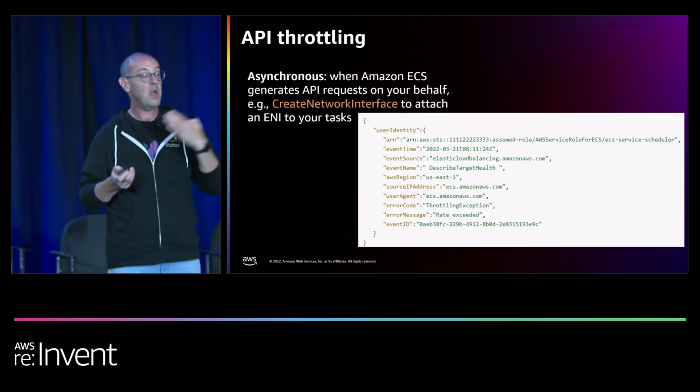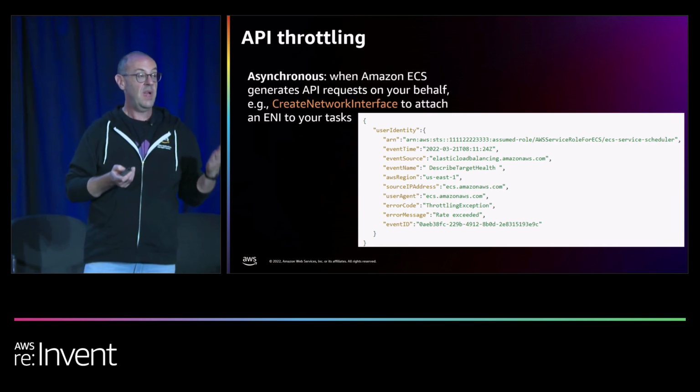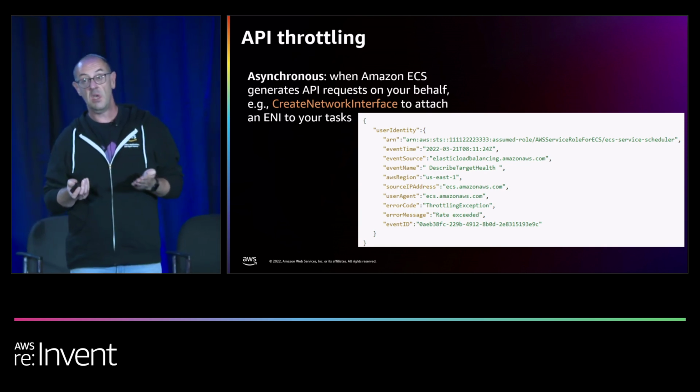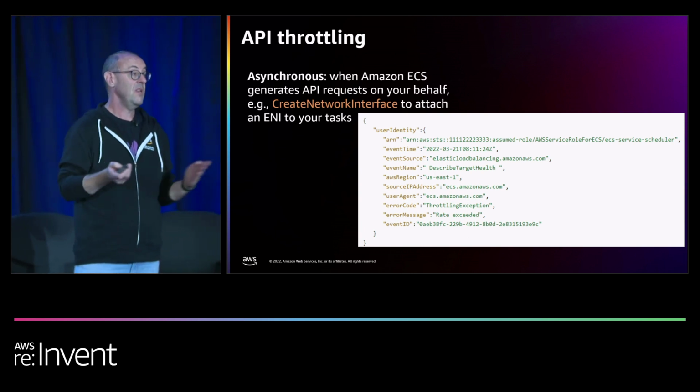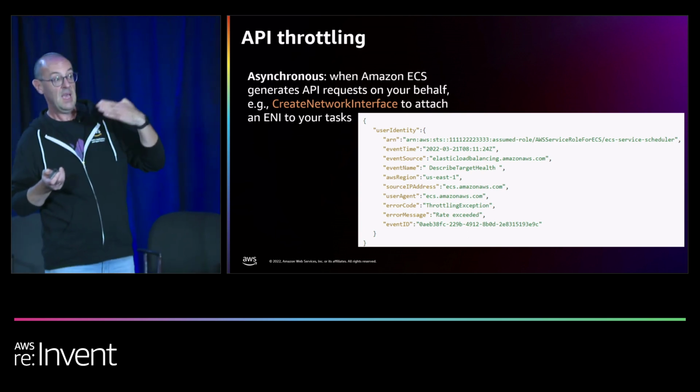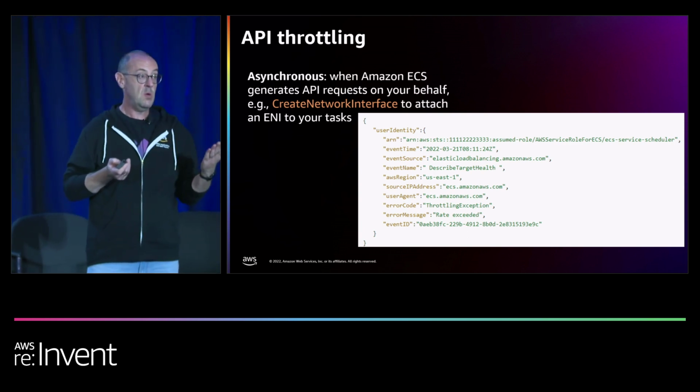All those API requests also adhere to the same methodology and rules that we have for throttling. If you make too many requests as a result, you'll start being throttled.